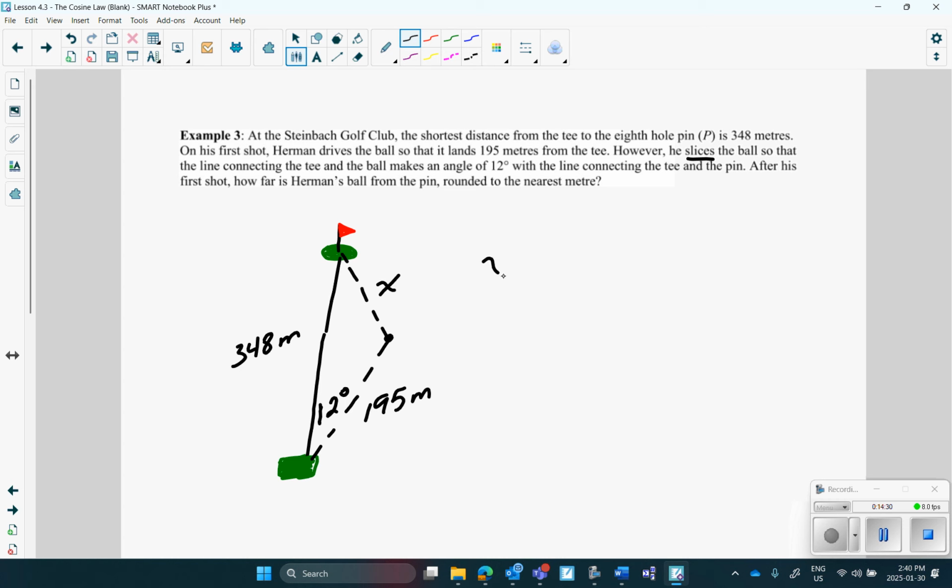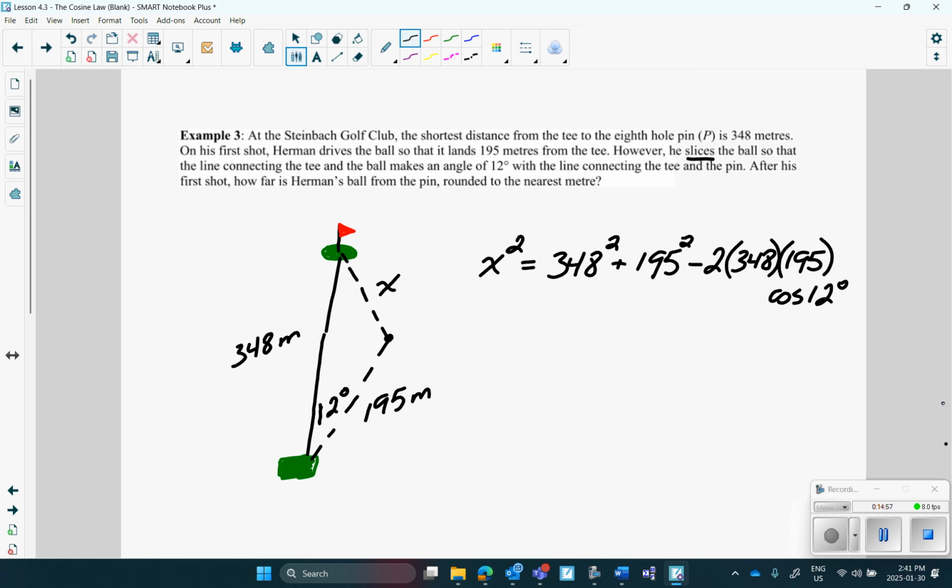So the missing side squared will equal the other two sides squared added together, minus 2 times those other two sides multiplied by each other, times the cos of the angle opposite the missing side, which is 12 degrees.